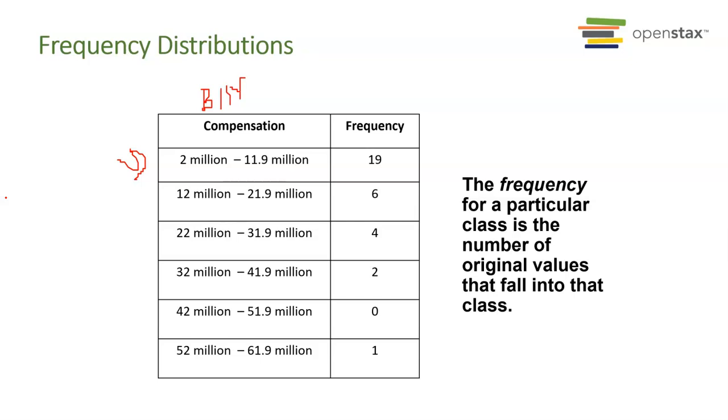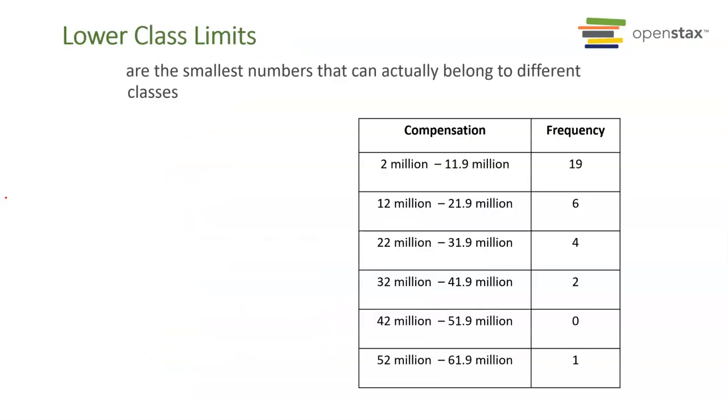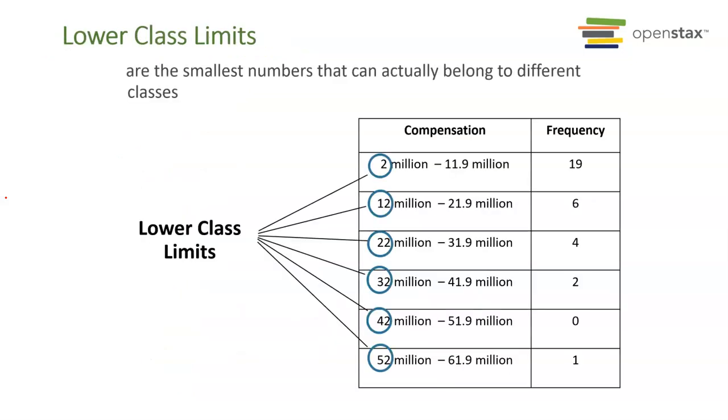The 2 million, 12 million, these ones right down here, those are called my lower class limits. So that's the smallest number that you could be to get into that class. So you've got to be a 2 to fall in this first class. Nothing smaller than a 2, nothing smaller than the 12, right? That's where it starts.